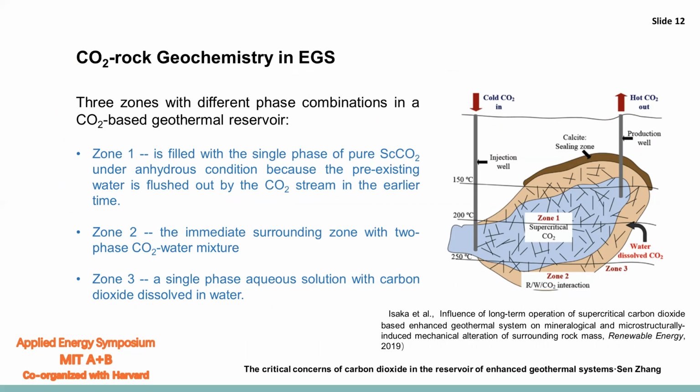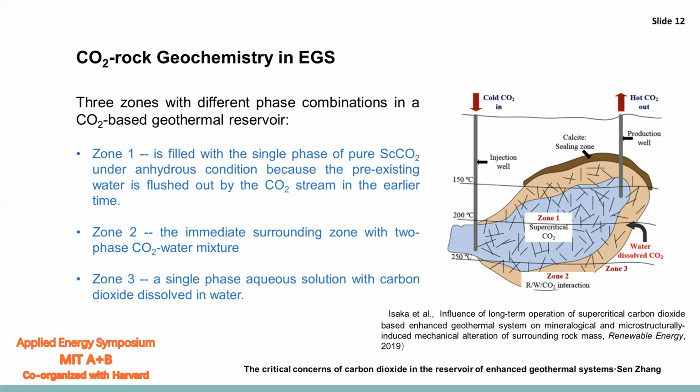In this zone, there's a single phase of pure supercritical CO2 and anhydrous condition, because the pre-existing water in this reservoir has been flushed out by the CO2 stream in the very early stage of the EGS. So there's no more water in this zone anymore. There's only supercritical CO2.